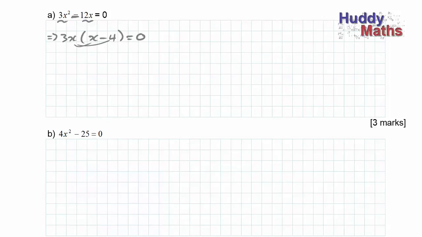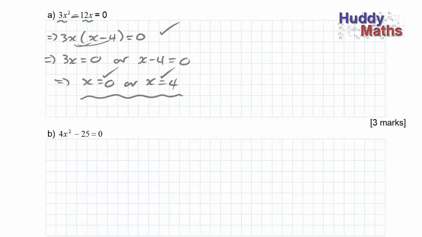So by null factor law, the product is 0 if one of the factors is null. Either that is null or 0 or this is. So this implies x is 0 or x is 4. So two answers there. So it's one for the correct factorising and one for each of the answers.